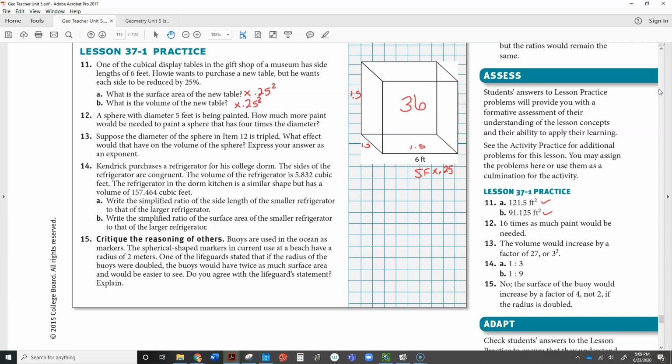So 36 times 6 gives me 216, but that would be for this one. So if you take 216 and multiply it times 6 because there's 6 of them, then you take that and multiply it times 0.25 squared.